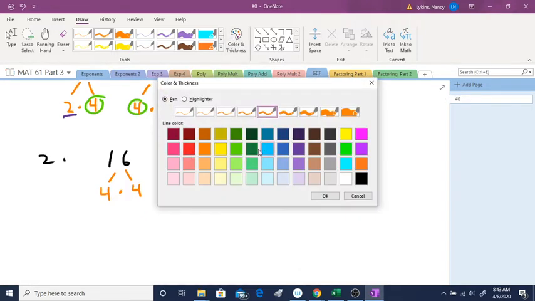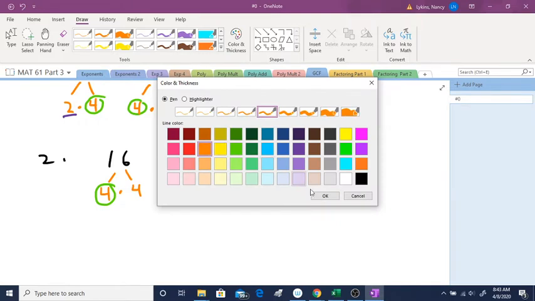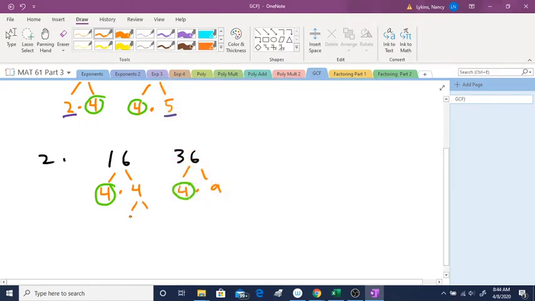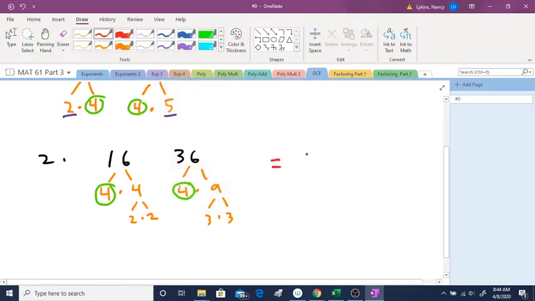Now, I do see right off the bat, I do see a 4 and a 4. I can try to break down my other 4 to 2 times 2 and my 9 to 3 times 3, but they don't have anything in common. So that means my greatest common factor is 4.